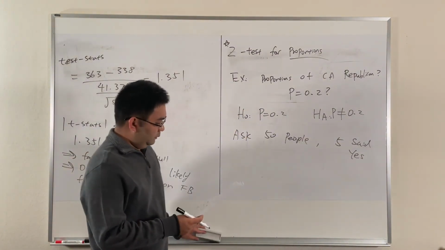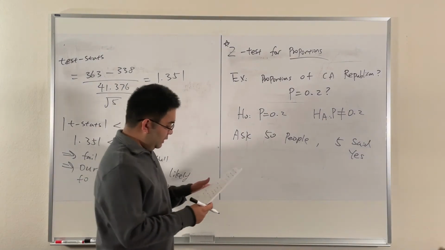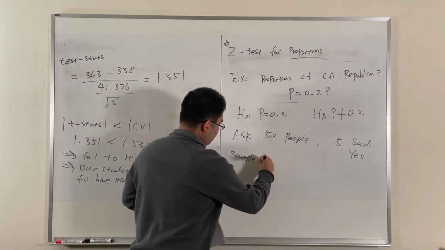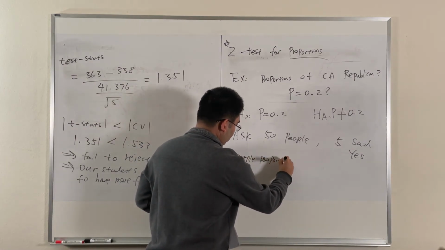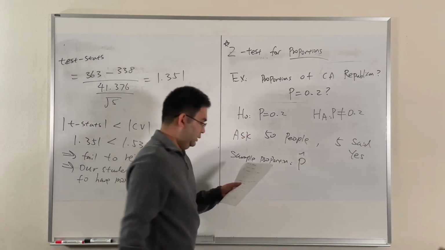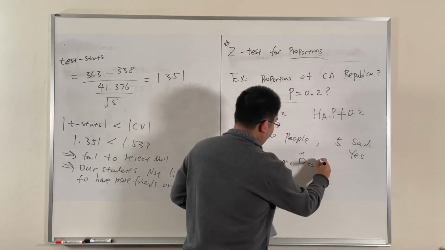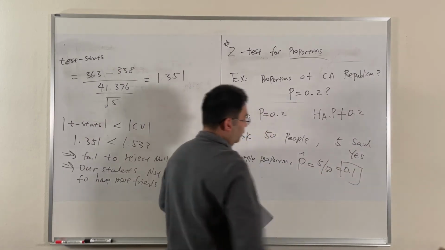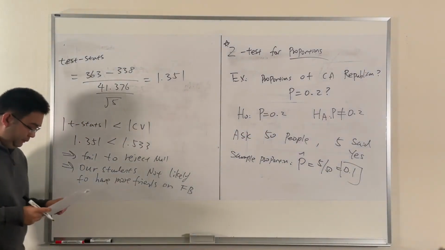Then our sample proportion, p hat, is 5 divided by 50, which equals 0.1. So 0.1 is our p hat here.